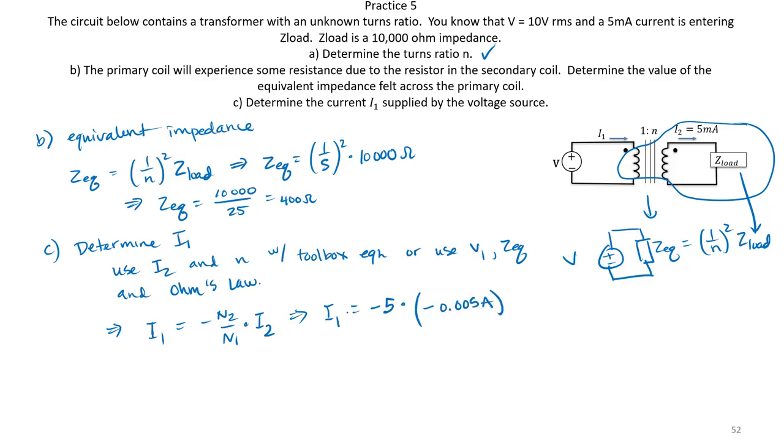Remember, I2 is negative 5 milliamps because it is going in the opposite direction as given in our question. Therefore, we determine that our current I1 is 0.025 amps, or 25 milliamps.